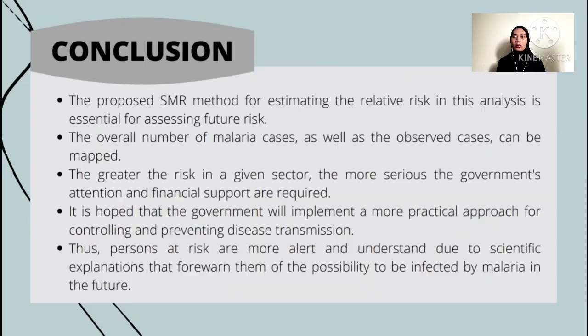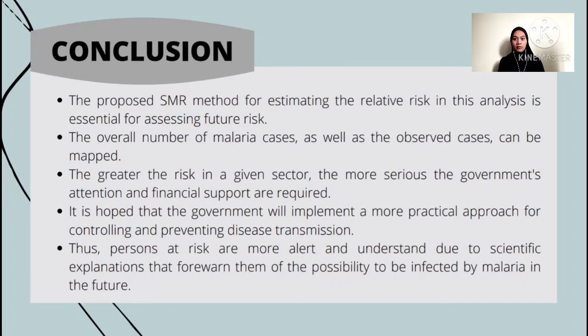to be infected. In conclusion, the SMR method for estimating the relative risk in this analysis is essential for assessing future risk. The overall number of malaria cases as well as the observed cases can be mapped. The greater the risk in a given sector, the more serious the government's attention and financial support required.